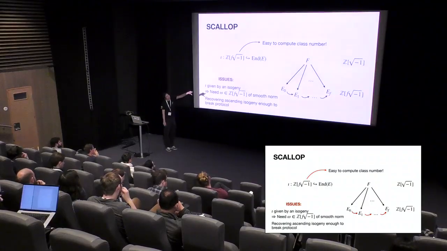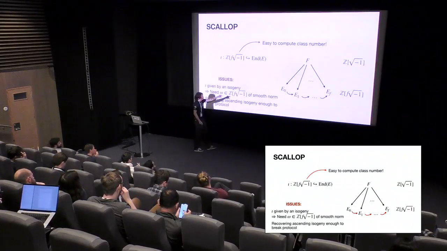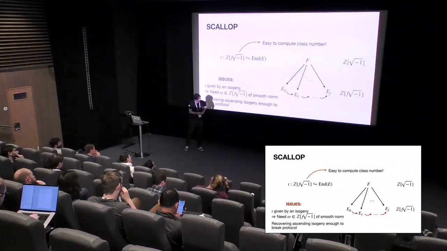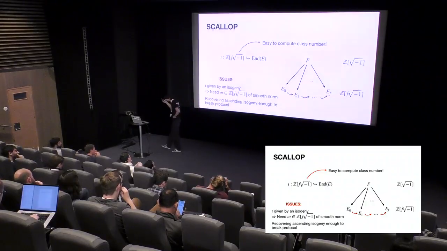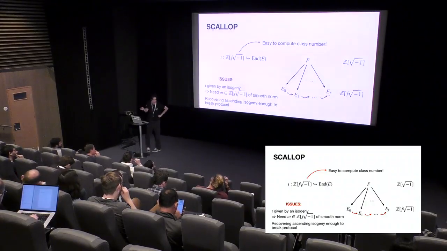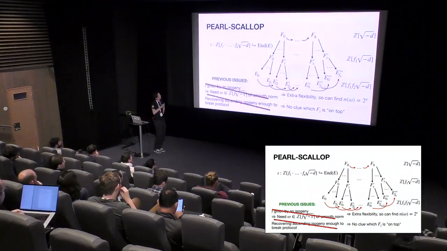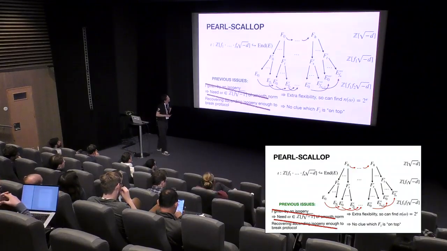Now the point is that you can completely break Scallop if you can somehow manage to find a representation of this isogeny from F, which you know, and E0, which you presumably also know. Those are essentially the issues that we solve in Pearl Scallop by considering slightly more general orientations.